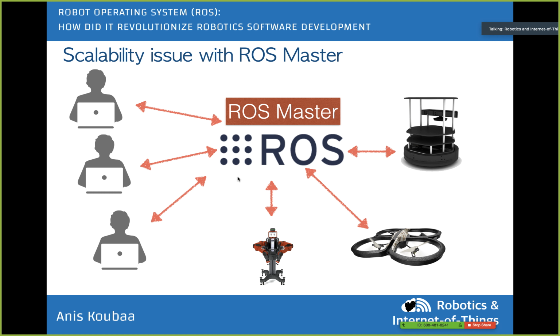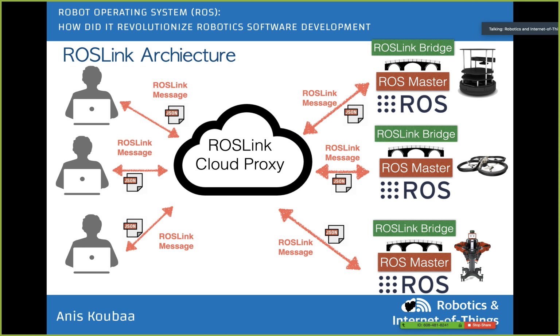If you want to just plug and play any robot into the ROS ecosystem and allow any user to control the robot anywhere and anytime, this solution was not very practical. So in the end, we designed a cloud-based system and developed a serialization protocol called ROS Link.